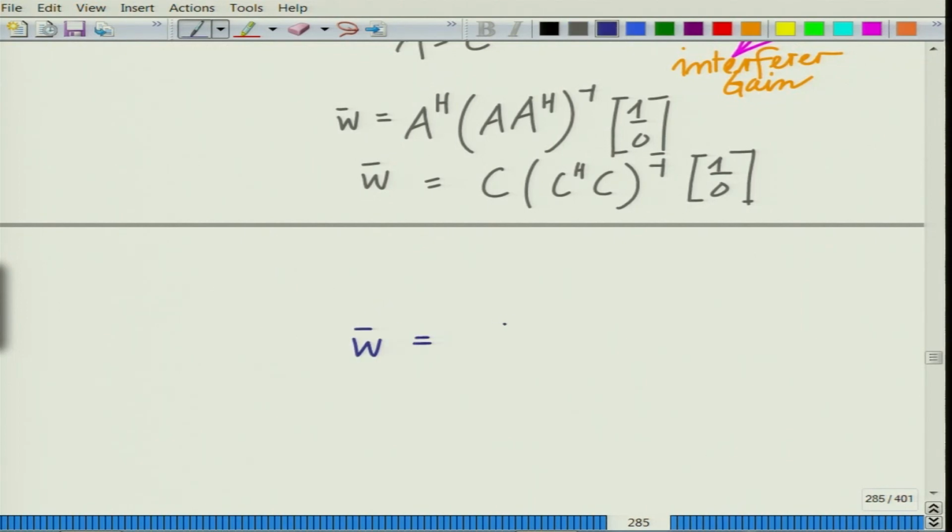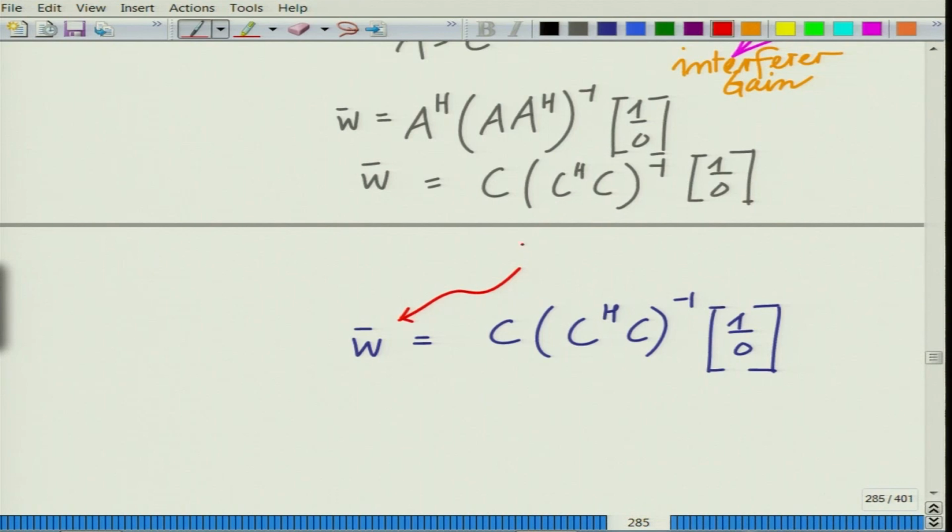So, the optimal multi-user beamformer is C times C Hermitian C inverse times 1 comma 0.